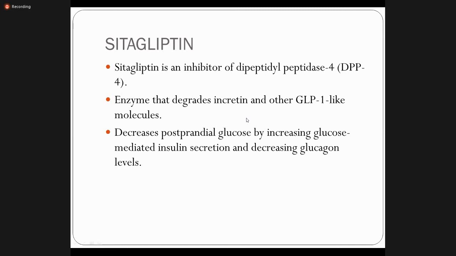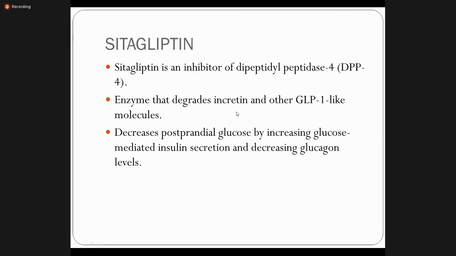And basically 60 to 70% of the insulin is released due to this incretin endogenous endocrine secretion, right? So if there is breakdown of this incretin, which is responsible to stimulate the 60 to 70% of the insulin, right? So what will happen? Decreased level of insulin. So if we inhibit its breakdown, what will happen? Increased chances of insulin release.